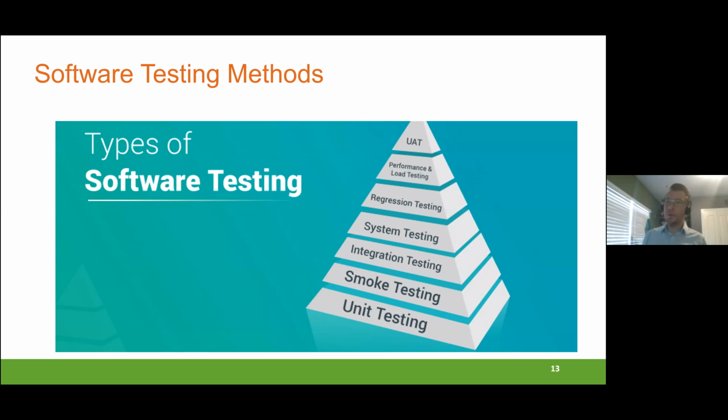So I just wanted to include types of software testing, just to drive home the automation piece too. I think it's important to know what we're talking about when we're talking about testing and what we're automating. This is a brief overview: unit testing, smoke testing, integration, system, regression testing, load testing.